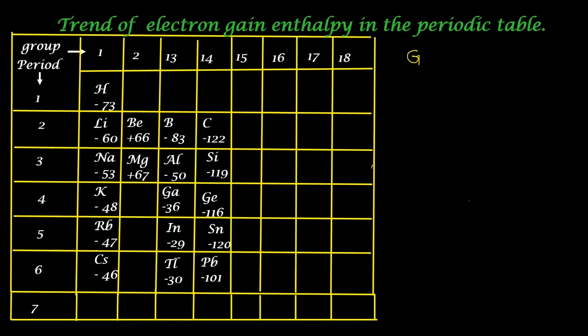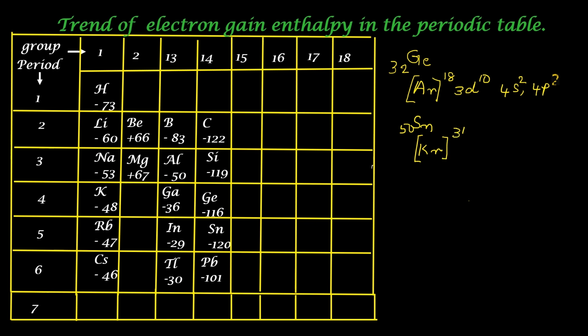Germanium belongs to the 4th period, atomic number is 32 and the electron configuration is argon 18, 3d10, 4s2 and 4p2. For tin, the atomic number is 50 and the electron configuration is krypton 36, 4d10, 5s2 and 5p2.